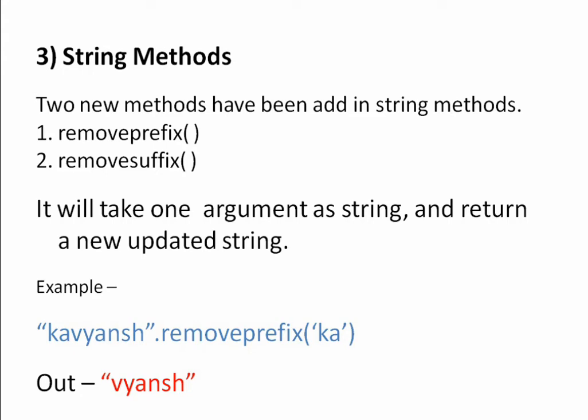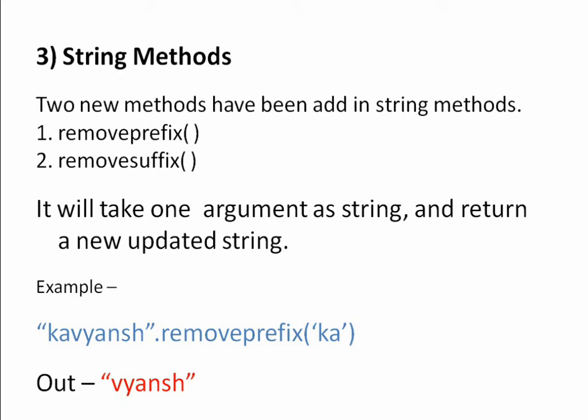The prefix means the word at the starting point, so it will just remove that word. Suppose this string is KAVYANSH and we perform remove prefix with KA, so the output will be VYANSH.